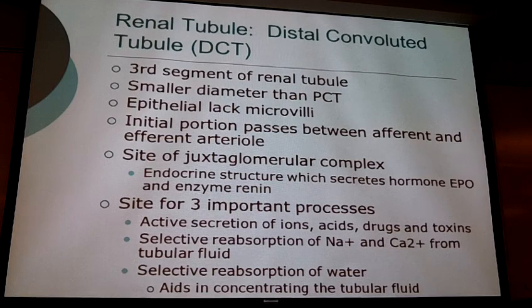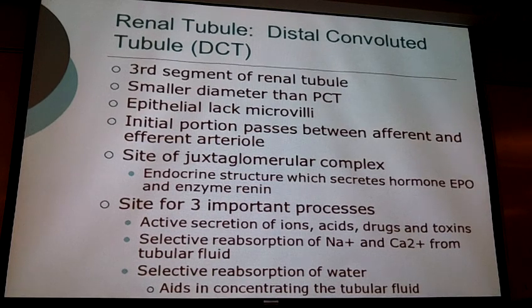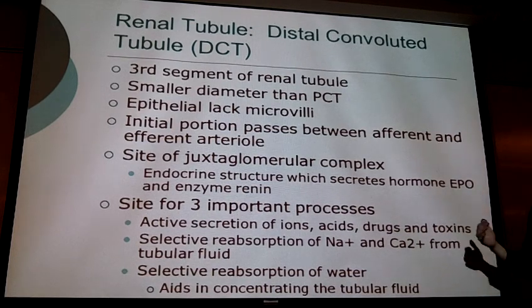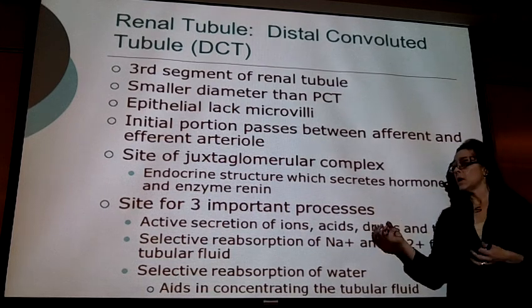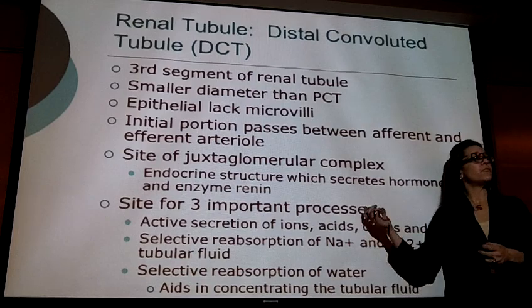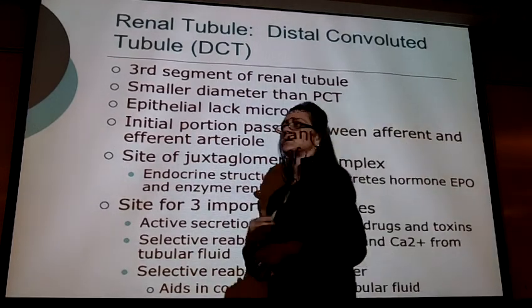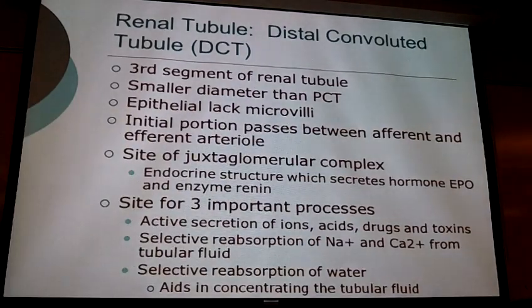And again, a lot of that happens at the DCT because that's where you tend to find a lot of these pumps for different types of drugs and toxins and other things.